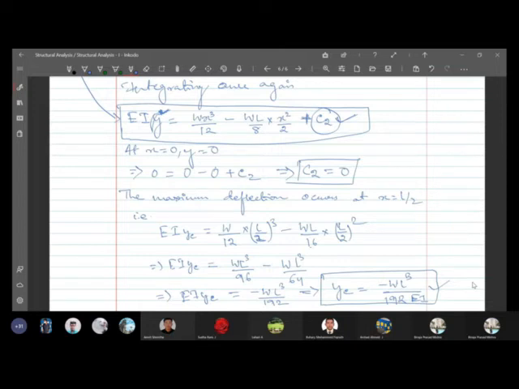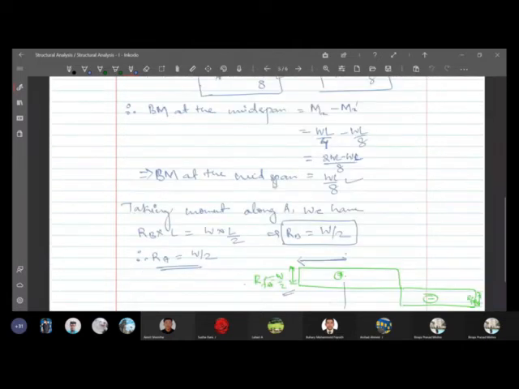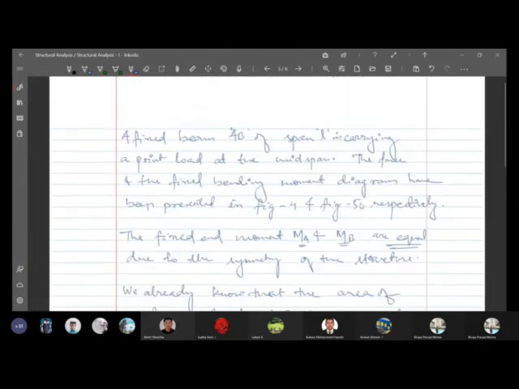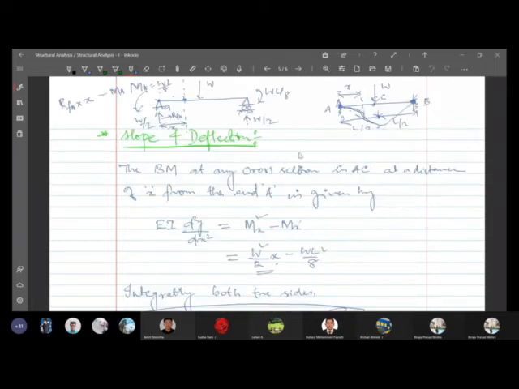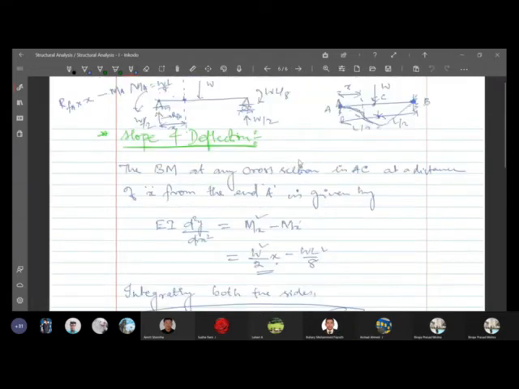So we have calculated the maximum deflection, and we have also calculated the bending moment at the midspan. That's it. So this completes case 1.